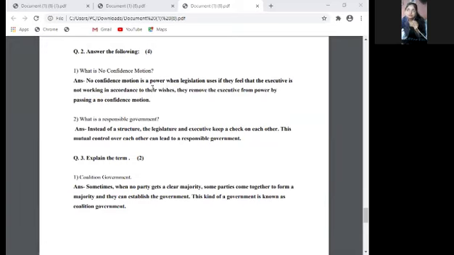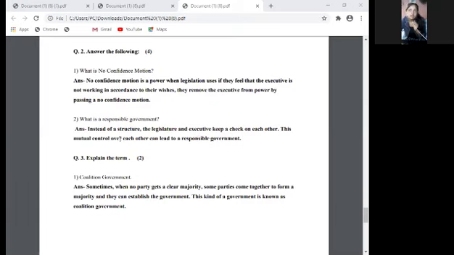The no confidence motion is a power the legislature uses if they feel that the executive is not working in accordance to their wishes. They remove the executive from power by passing a no confidence motion. Okay. What is responsible government? Instead of a separation, the legislature and executive keep a check on each other.